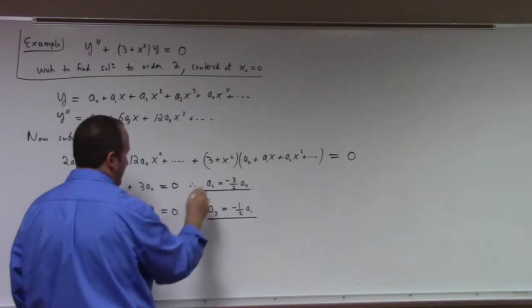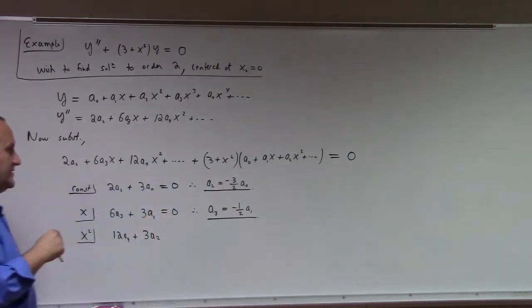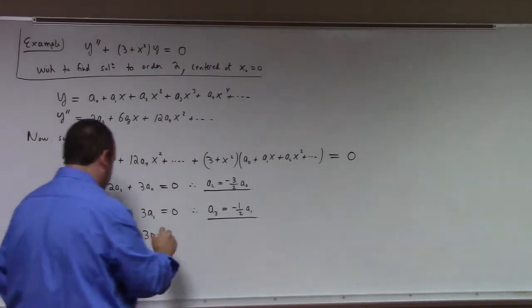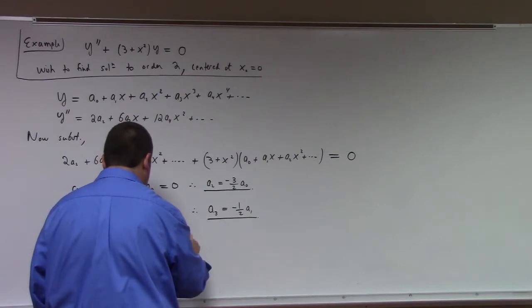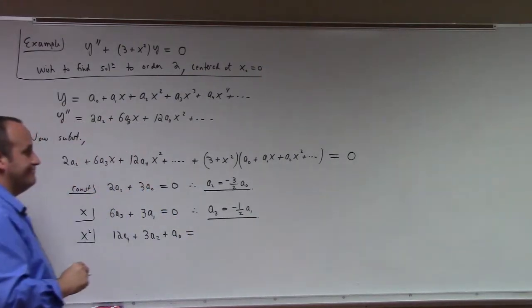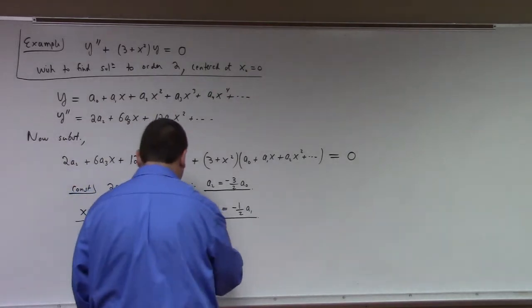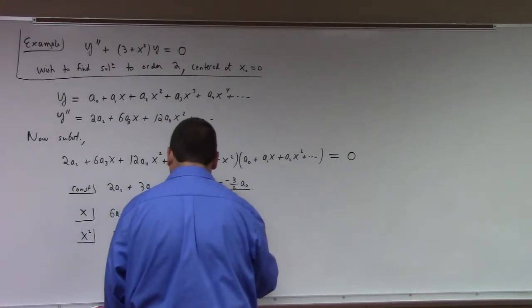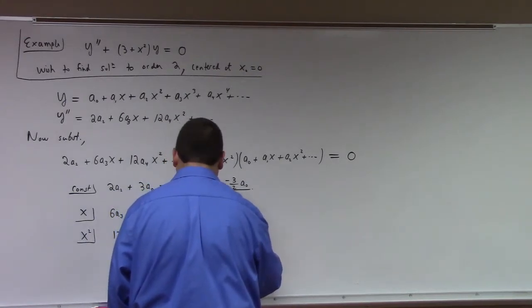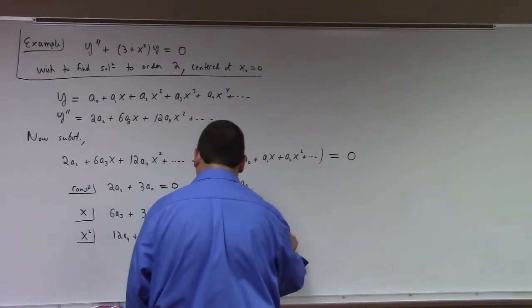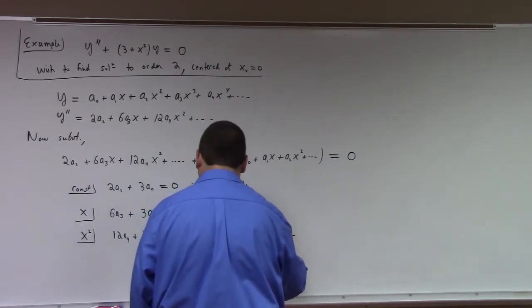And finally, x^2 is contributing something: plus a0 here. Are there any other quadratic terms? No, that's it. So therefore, a4 is equal to minus (3a2 + a0) over 12.